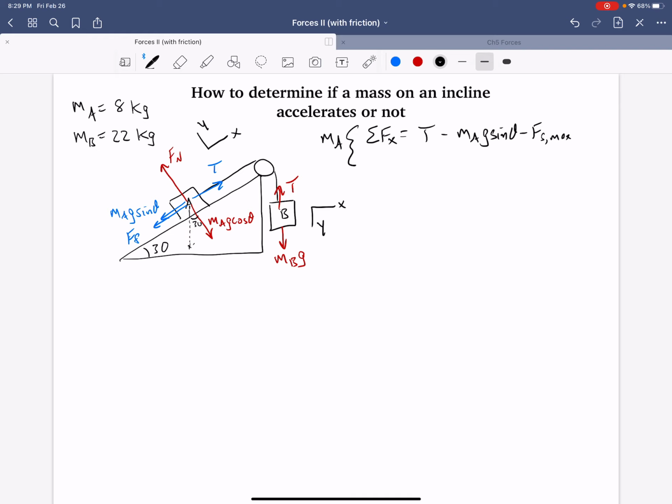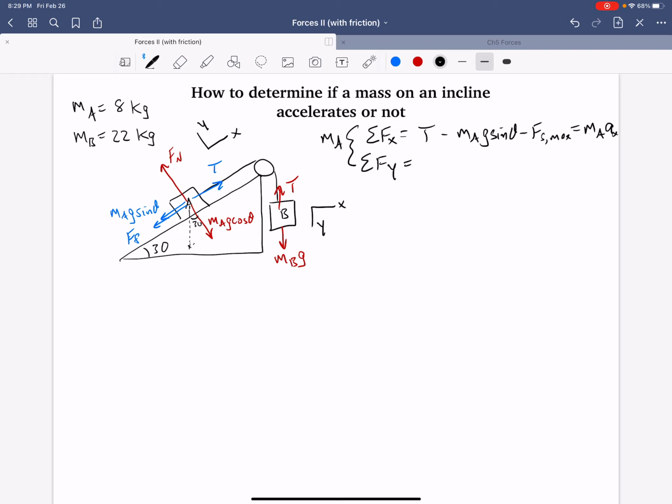This is the maximum static frictional force that all other forces must overcome in order to have the system accelerate. So I'll write it as that and not simply FF. And that equals m subscript A times acceleration in the x.